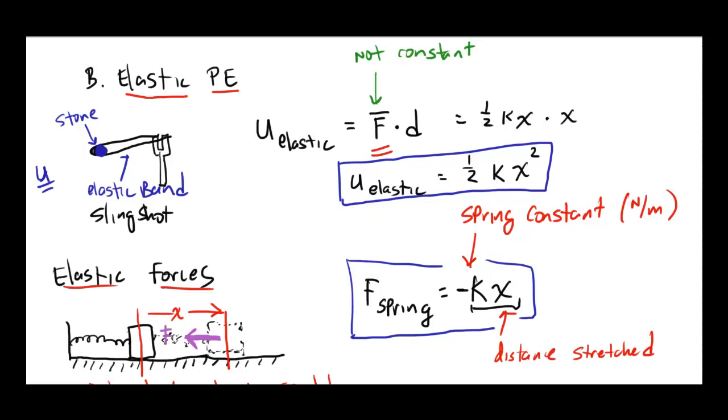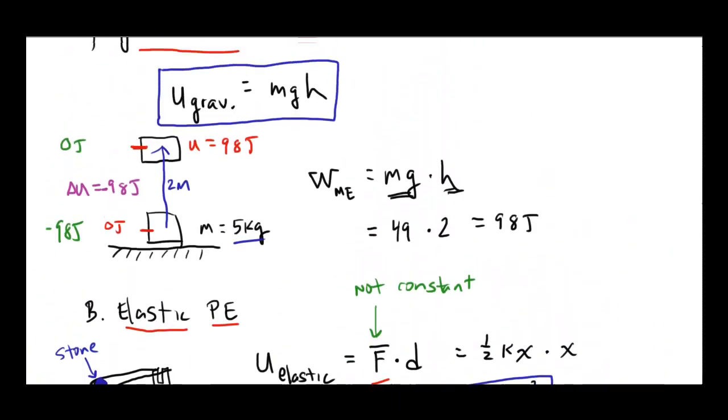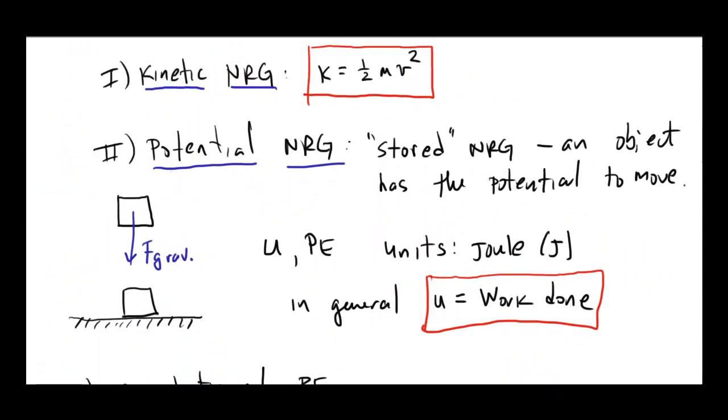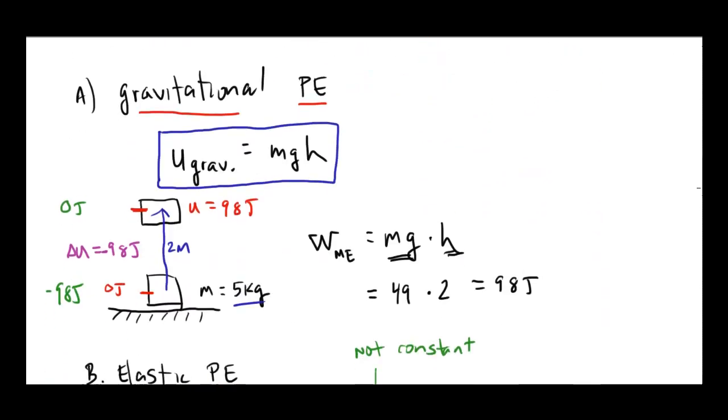So two examples of potential energy, gravitational and elastic. In both cases, we imagine that you have an object with stored energy, energy that's stored up in the sense that the object has the potential to move, right? If I lift an object off the ground, gravity gives it the potential to fall.